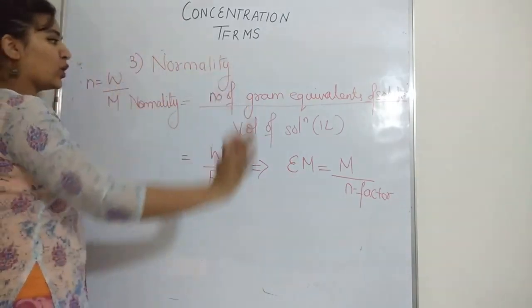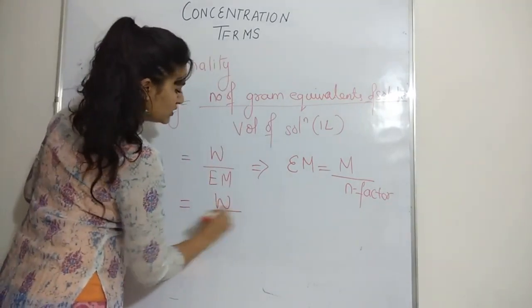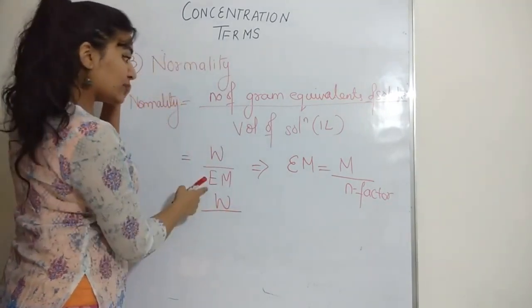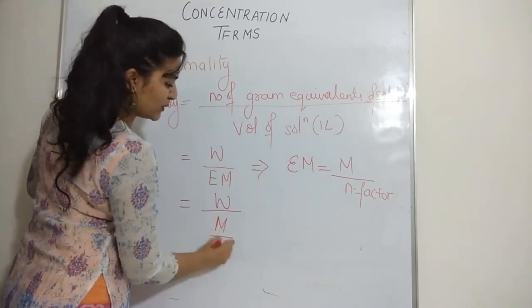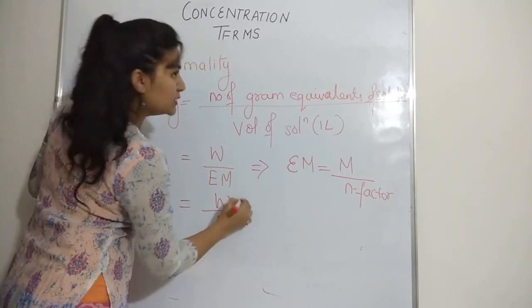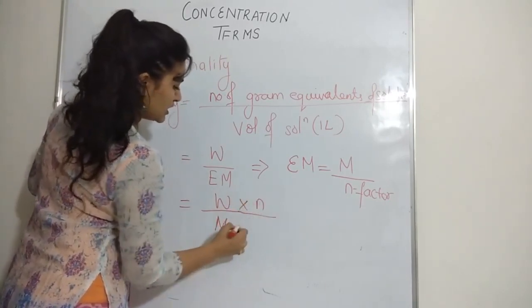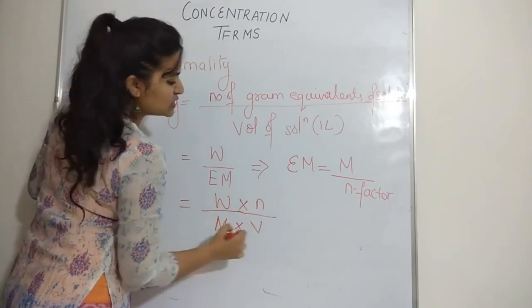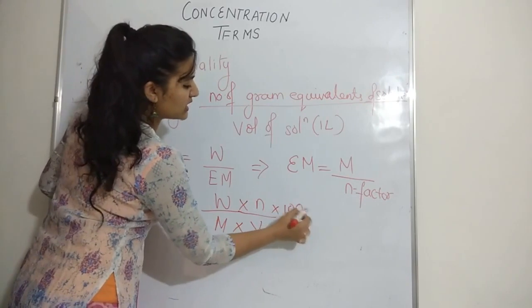If I put the whole thing into one formula, it will look like this. W upon equivalent mass is M upon N factor. So if I write it like this, N goes upwards and it will be W into N, M into volume of the solution. If it is in mLs, then over here we will write 1000.